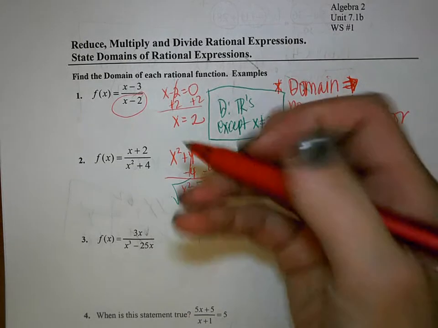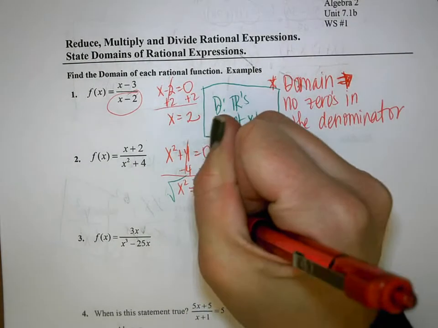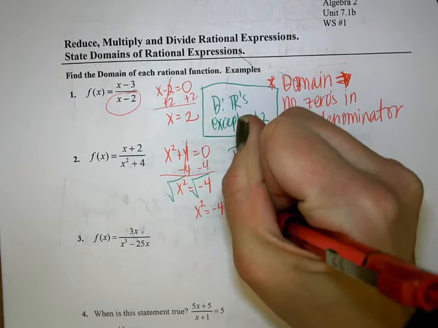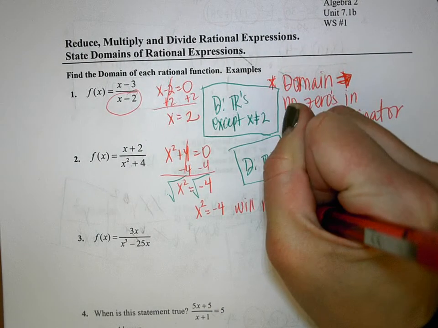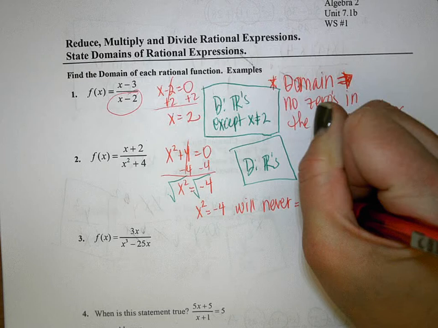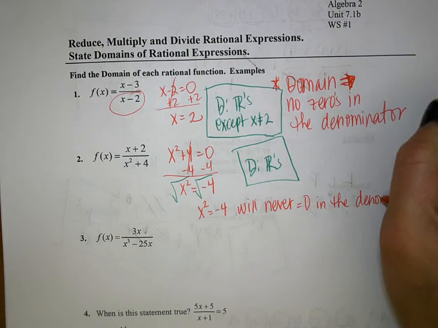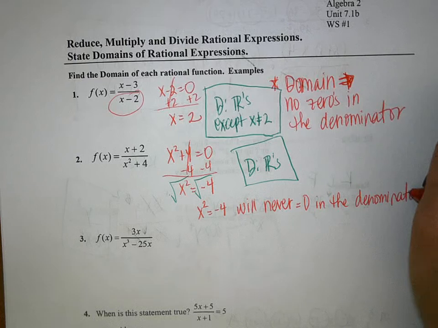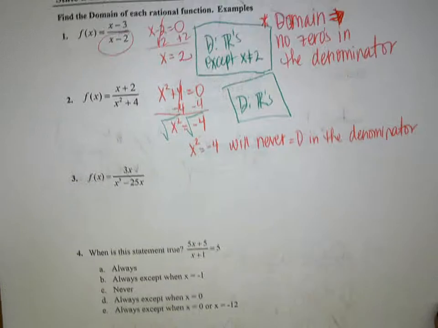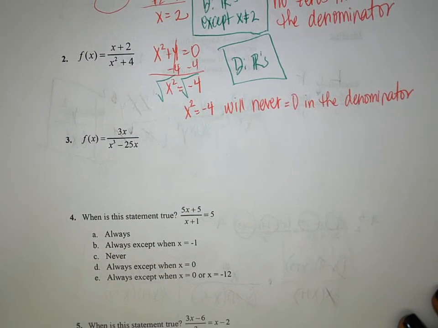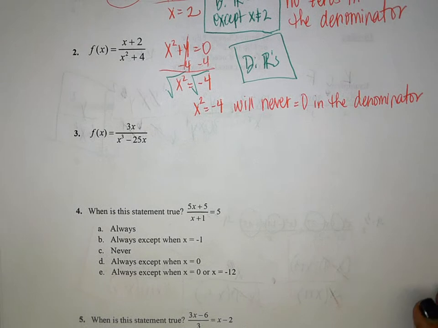And just to make sure, I'm going to write here, x squared equals negative 4 will never equal 0 in the denominator.